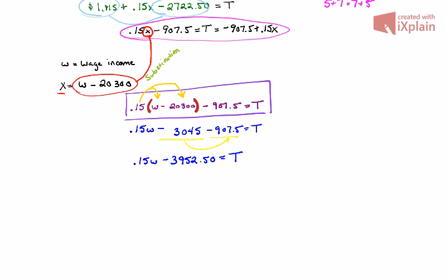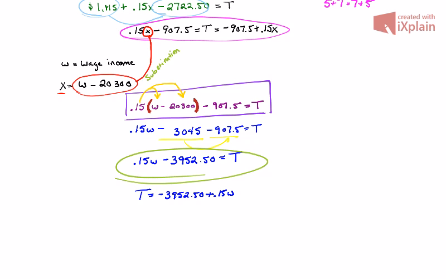What I have circled in green should be your solution for part B. Again, just to hammer this home, if you said T is equal to negative $3,952.50 plus 15% times W, you are absolutely correct.